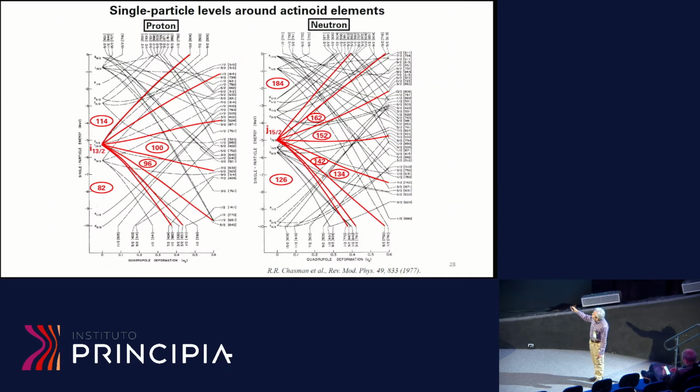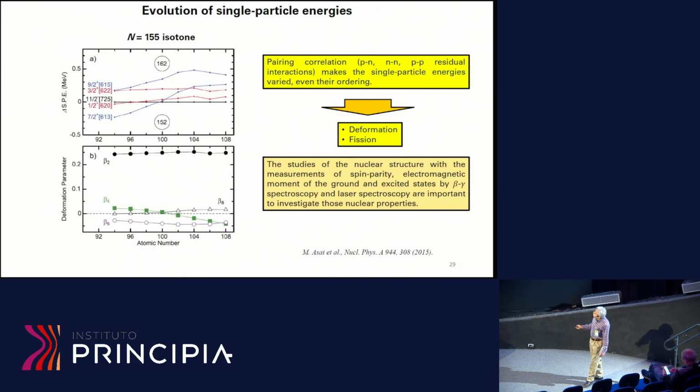Between these deformed magic numbers, the single-particle levels change as a function of the atomic number. This shows the calculation of the difference of single-particle energies compared to the 11/2 states.